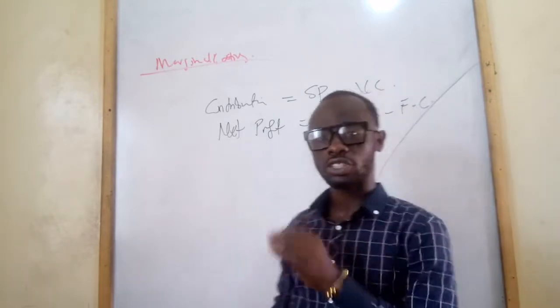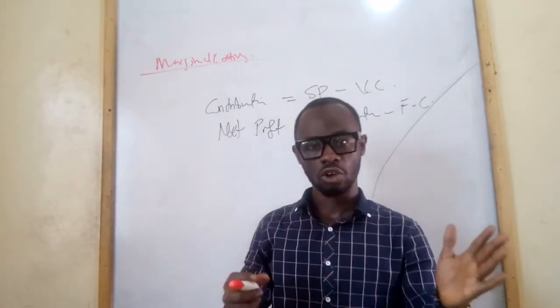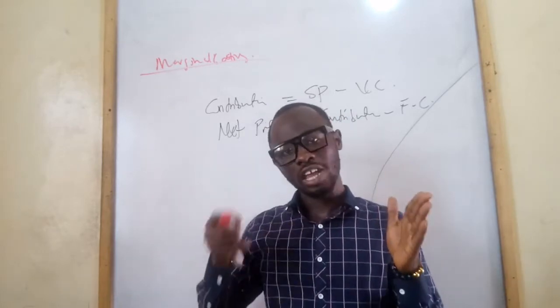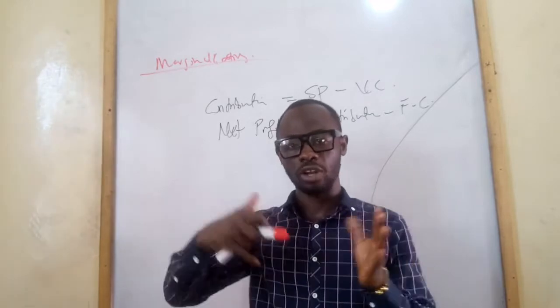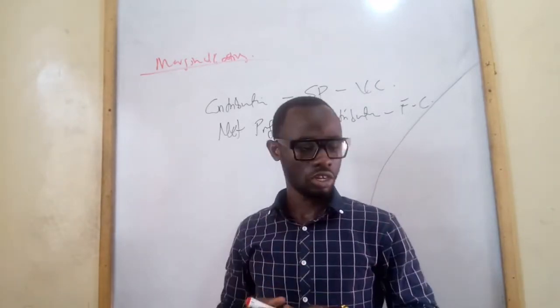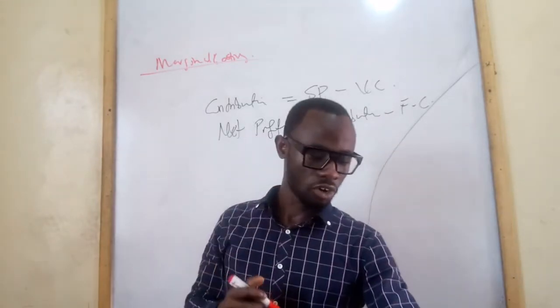In marginal costing, we separate the fixed cost and the variable cost. Only the variable cost will be charged against the cost of sales of the products, but all fixed costs will be written off for the period.